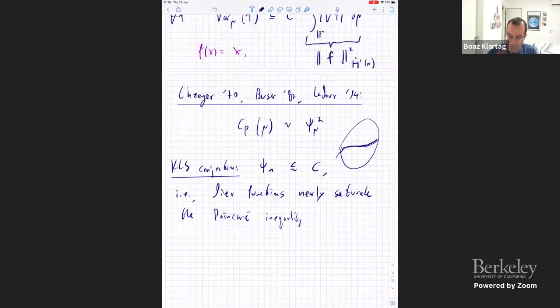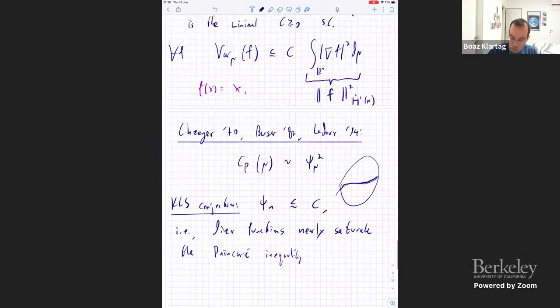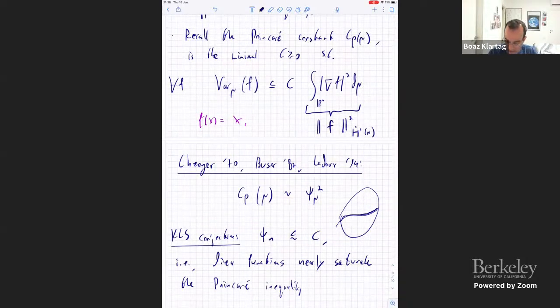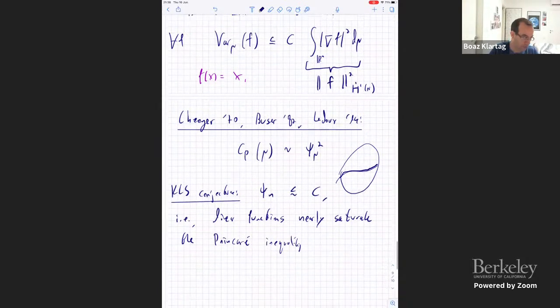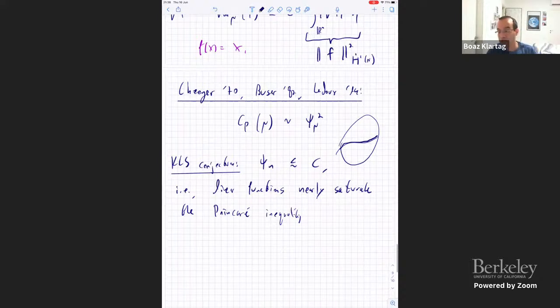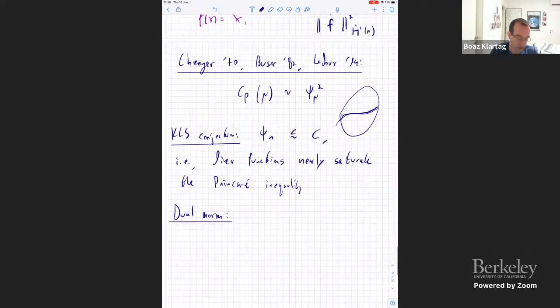Okay, good. Now I want to dualize this H1 norm, if you would allow me. My point of view is a bit functional analytic, but there is also a lot of probability, and I think these points of view complement each other here. So the dual norm is the H minus 1 norm. If you have some function f, we can make its integral 0, otherwise it's infinity.